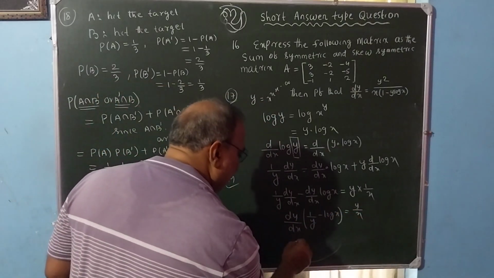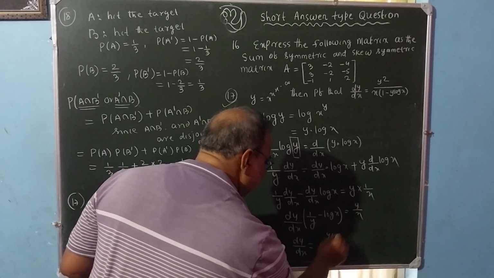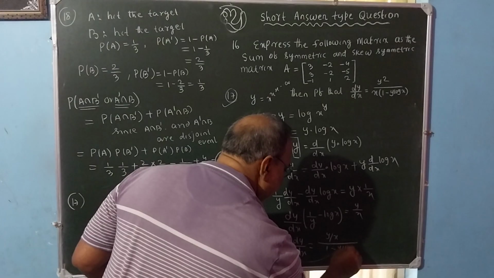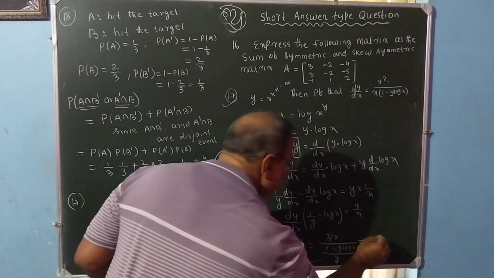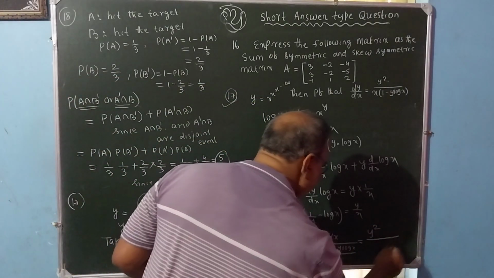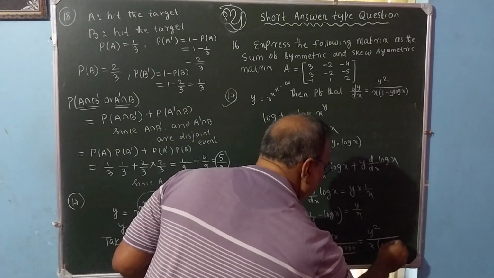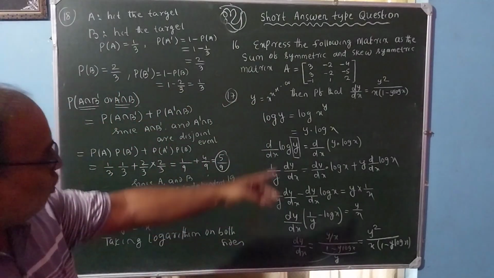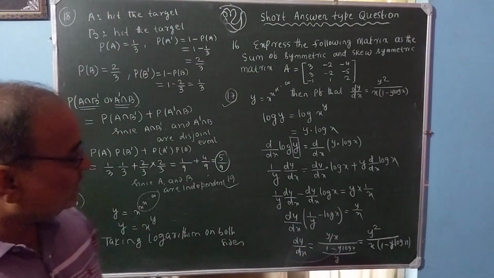So dy/dx is equal to y by x divided by (1 minus y log x) divided by y. That can be written as y square divided by x into (1 minus y log x). So this is the answer of the question.